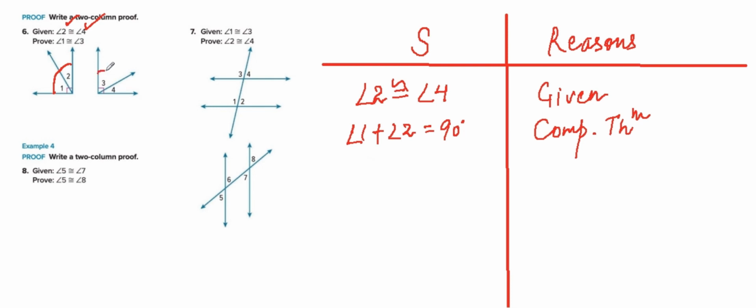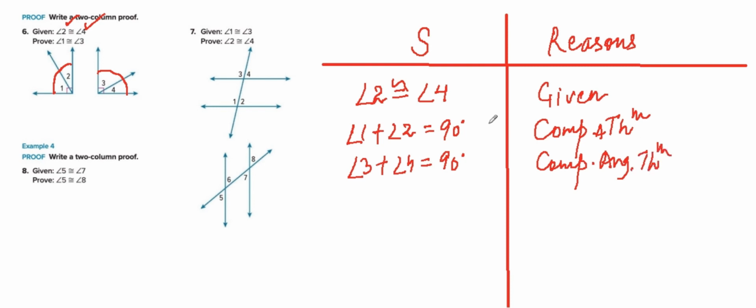Similarly, you can write angle 3 plus 4 is also 90 degree. Angle 3 plus angle 4 is equal to 90 degree. Same reason, complementary angle theorem you can say. Reasons are very important. So now you know that this is 90, this is 90.